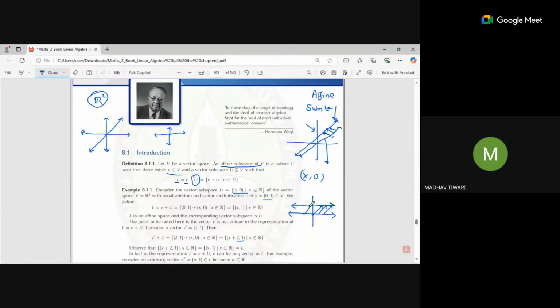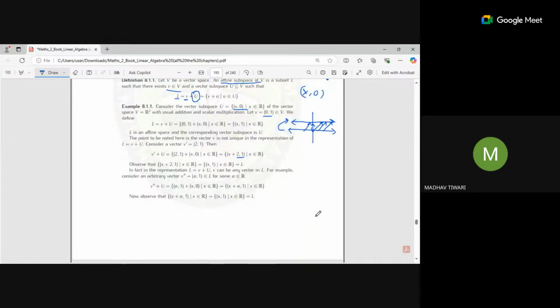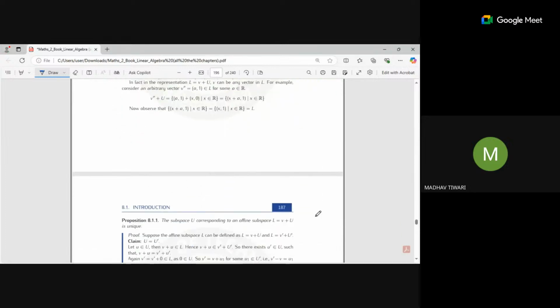Like this we can continue, and we still get the same affine subspace. But now, looking at any specific vector, it is translated in some other direction. Earlier every point was translated in this direction, now in this direction, but we are getting the same affine subspace.